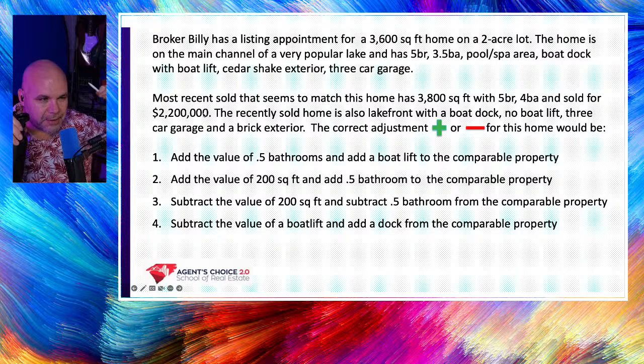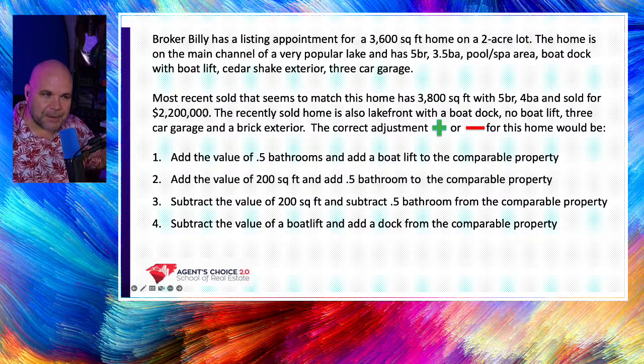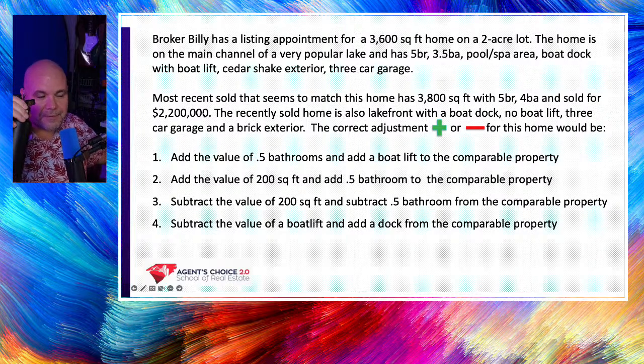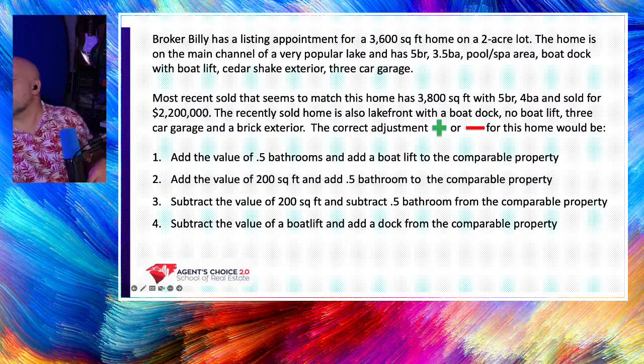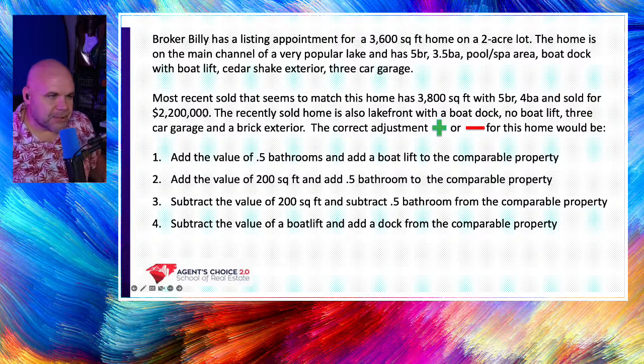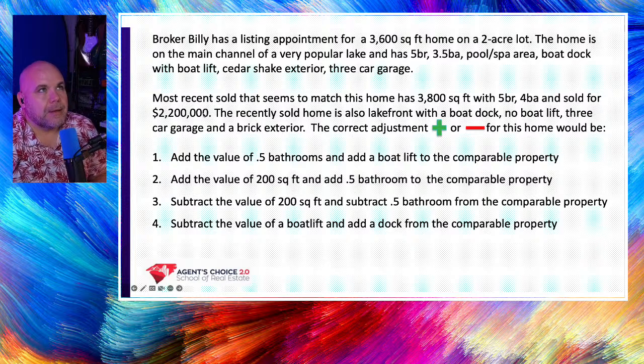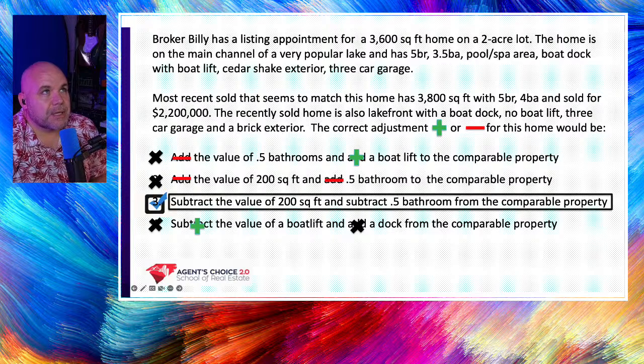Hard coat stucco is on par with brick, sort of. But then there's the stigma from synthetic stucco. And in the real market, would people be scared of any kind of stucco just because of what they've seen about synthetic? And then it kind of goes back to what would an appraiser do in terms of us trying to predict what it's going to sell for. So there's all of our addition and subtraction, and it leaves us with number 3. Good job.